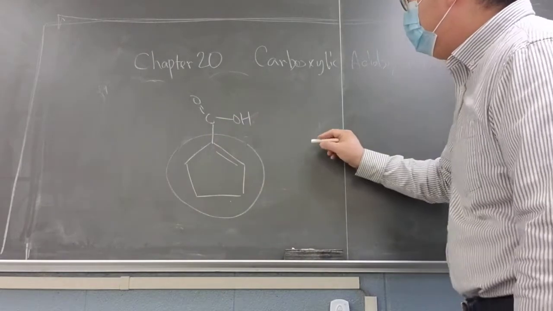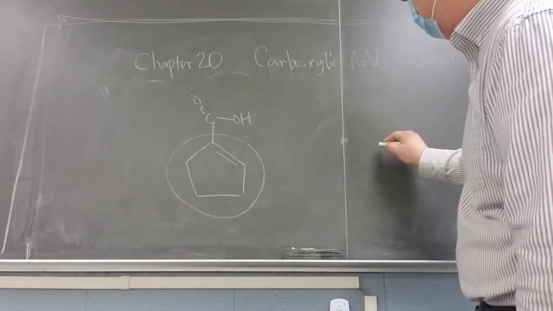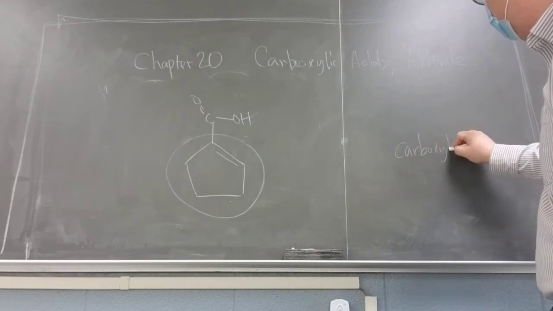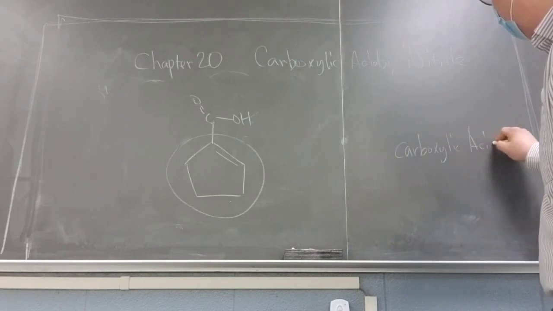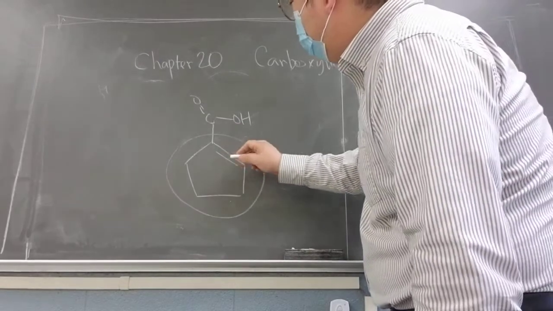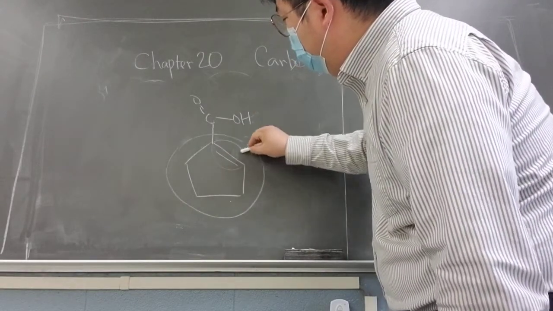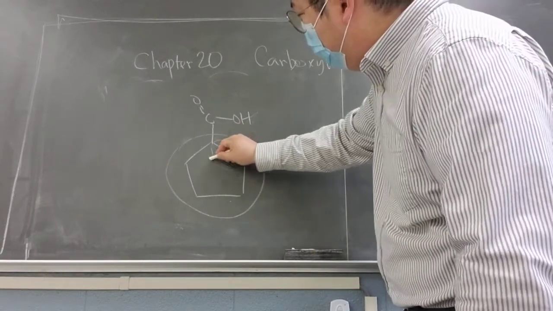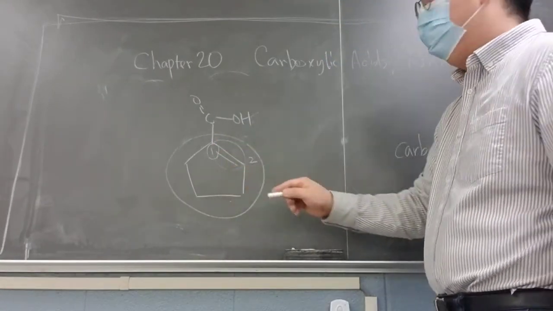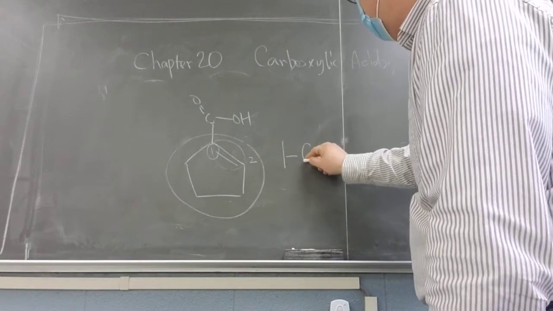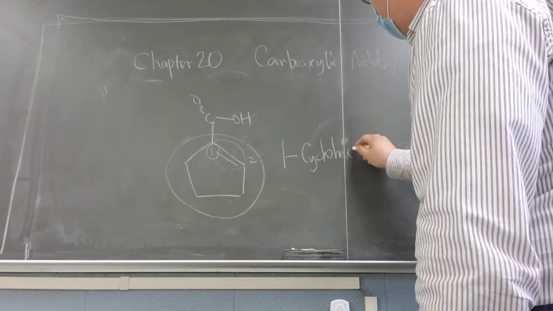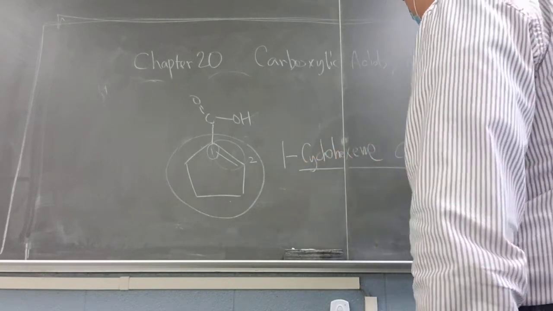So this will be still same carboxylic acid here. And now you have to number your double bond, which is here's 1, 2. So your location for double bond is 1, right? So it'll be 1 cyclohexene carboxylic acid.